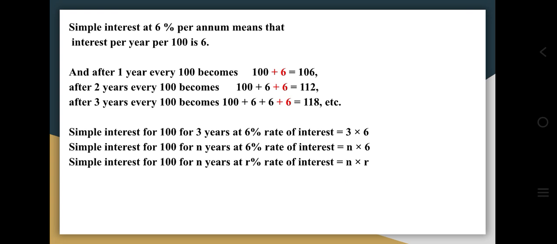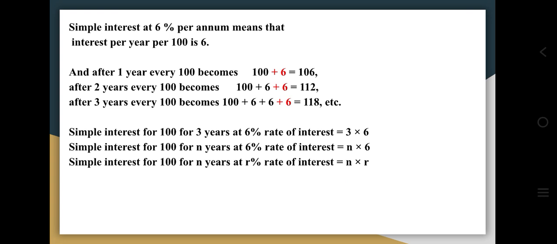And the amount 100 becomes after 3 years 100 plus 18. 18 is 3-year interest, 100 is the amount invested, that is the principal amount. So after 3 years, we get principal amount plus 3 years interest. That is 3 into the interest rate 6.